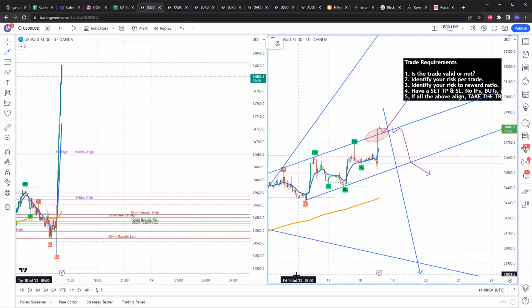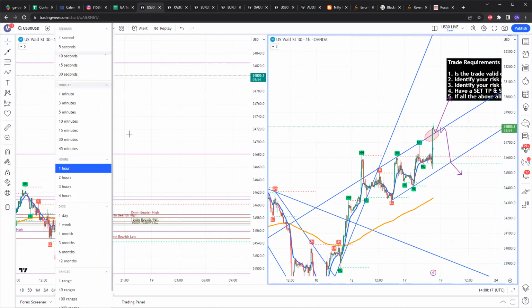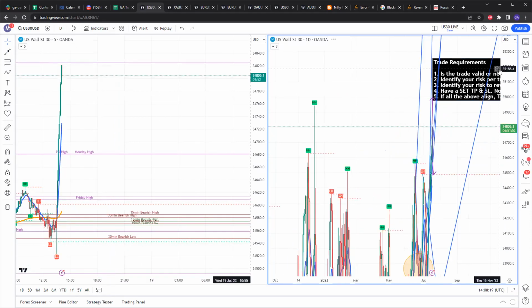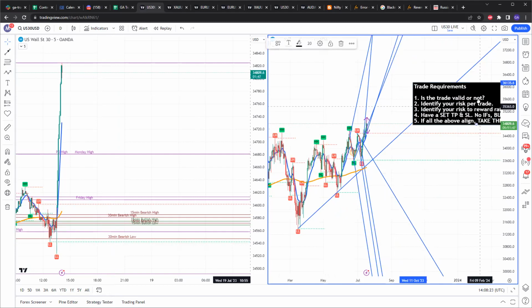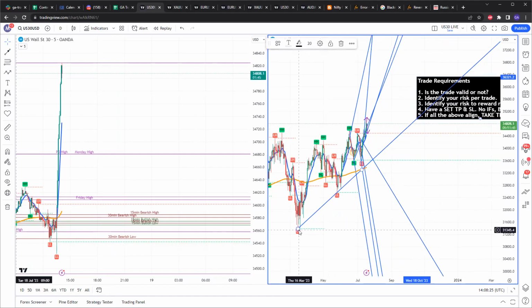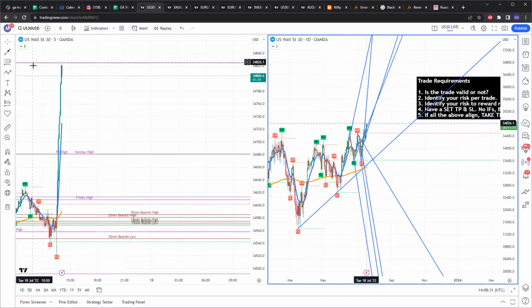Yeah. So wait, let me go on a higher time frame. Actually, let me do this. Go on the daily. Also, check on the trend lines. Check the trend lines on the daily time frame. Now, there's this trend line on US 30 on the daily time frame right here, and I know at some point I did expect it to come here.